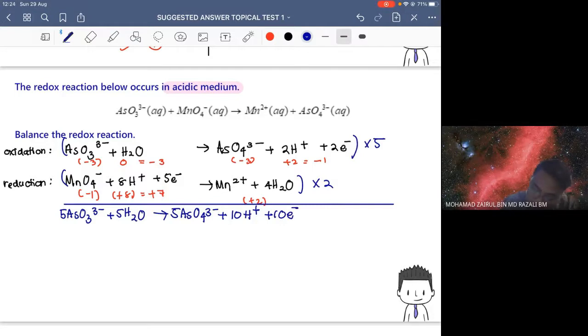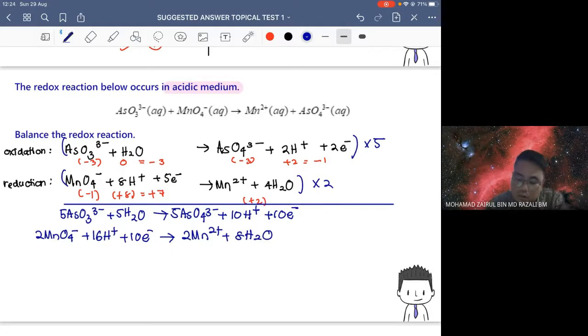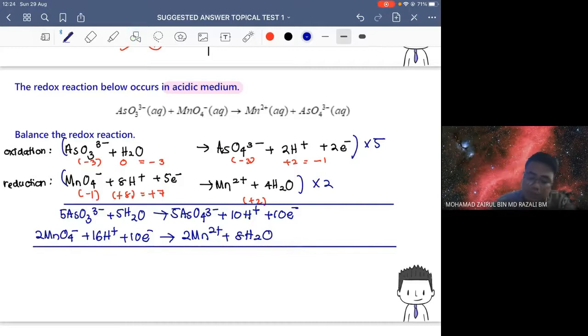Okay, untuk reduction kita akan dapat 2 MnO4 minus plus 16 H plus plus 10 electron produce 2 Mn2 plus plus 8 H2O. Okay, so sekarang ini kita dah balancekan elektron. Make sure elektron sama. So yang ini oxidation awak dapat 1 markah, reduction awak dapat 1 markah.